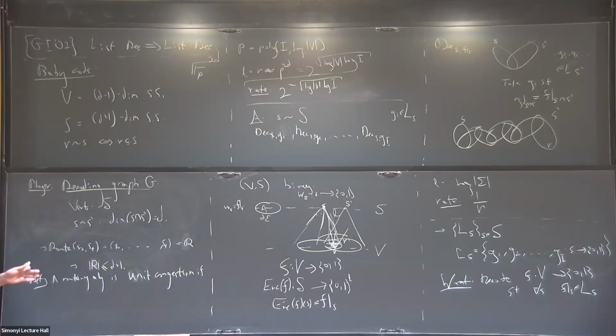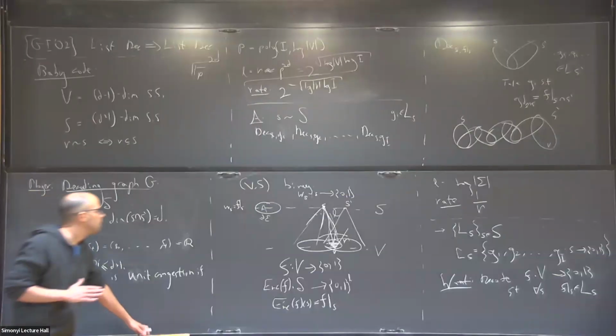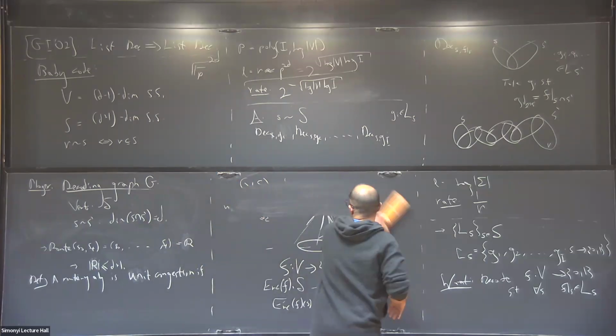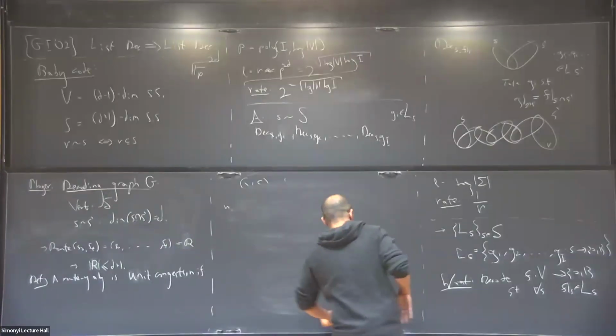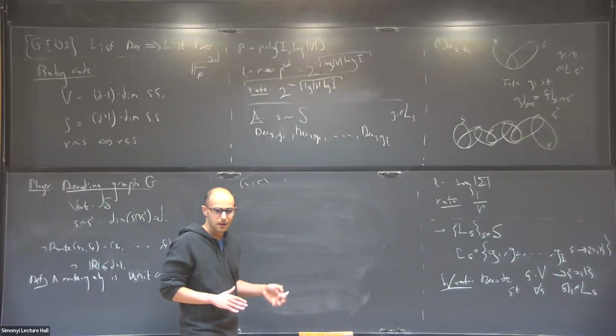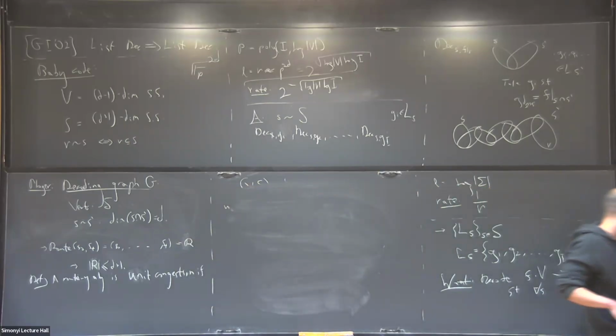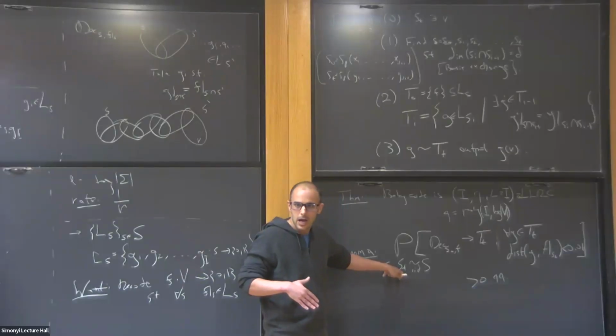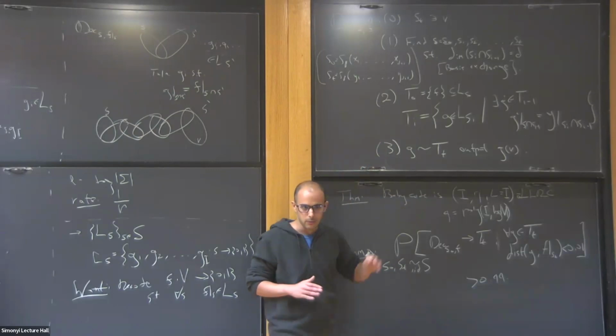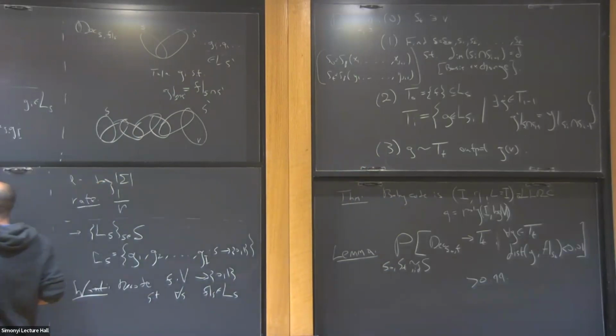I'll give the formal definition in a second, but before that, let me give you the picture of what I want and why. We're looking at this distribution where I sample endpoints, and then I look at some routing that I'm doing. I get some S0 and I do some routing ST here.